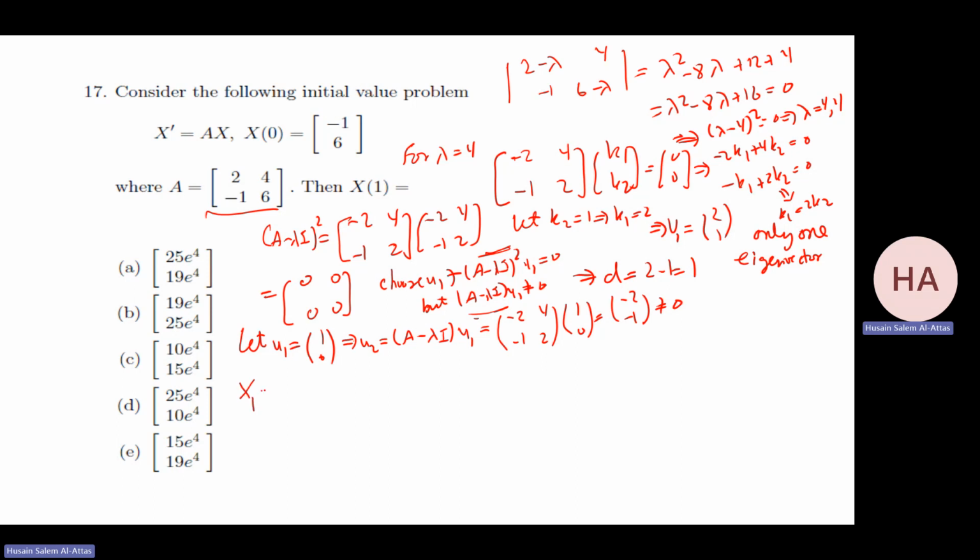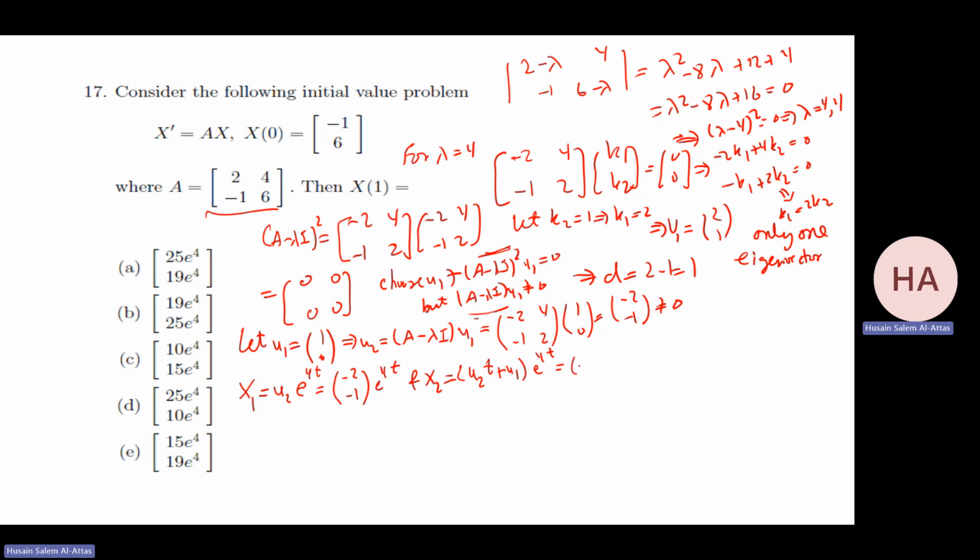So it will be my first solution, u2 e to the power, what was the lambda? 4t. That will be (minus 2, minus 1) e to the power 4t. And x2 is (u2 t plus u1) e to the power 4t.